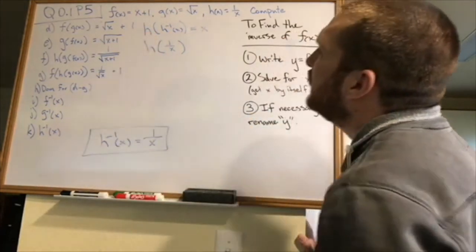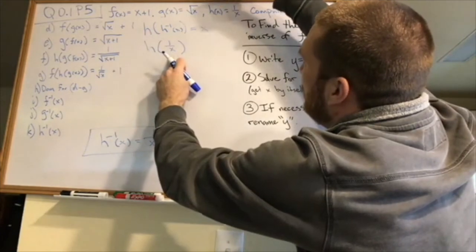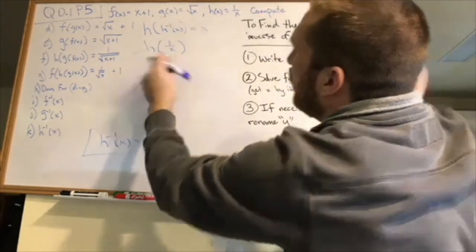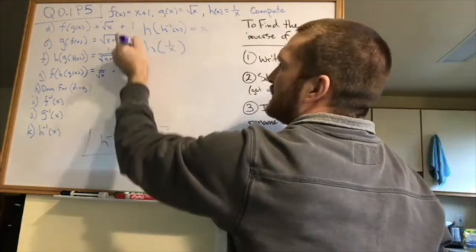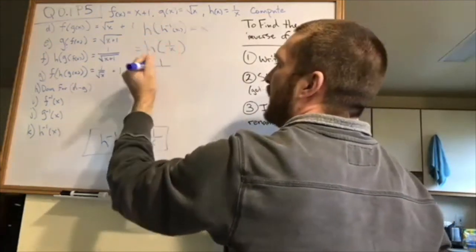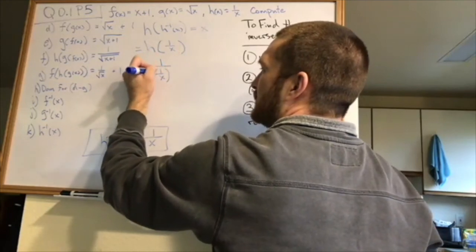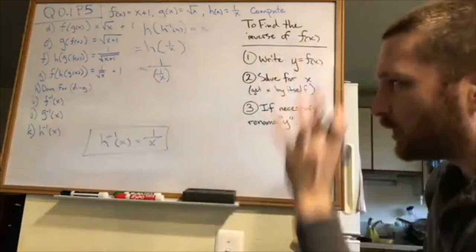Okay. So now let's see, H says to take whatever's in it and go 1 over it. So I'm going to say, all right, that's the same thing as 1 over whatever that is. Well, that's a fraction, so I'm going to use some parentheses so that we can make sure we haven't messed anything up.